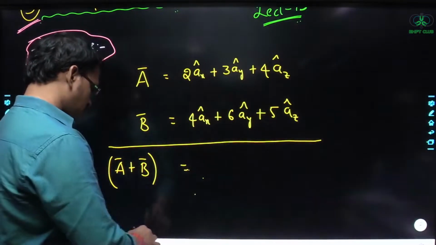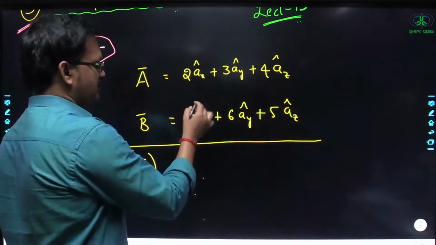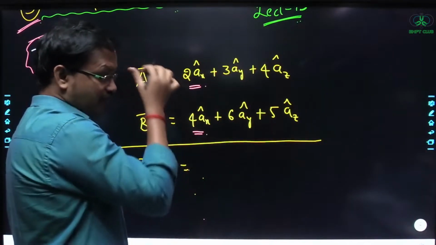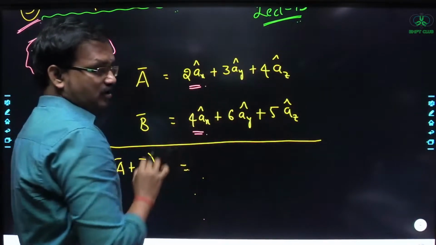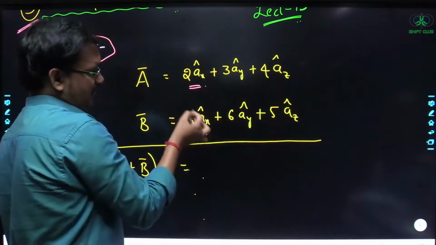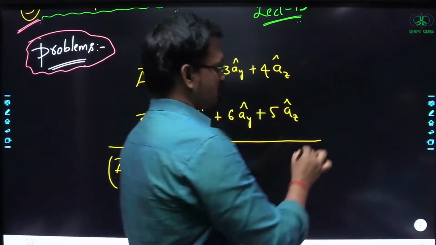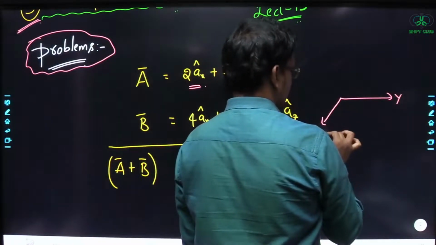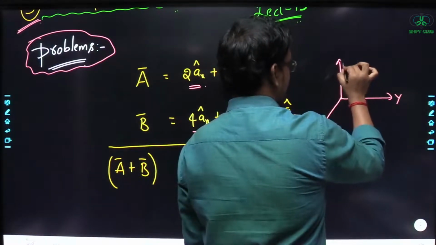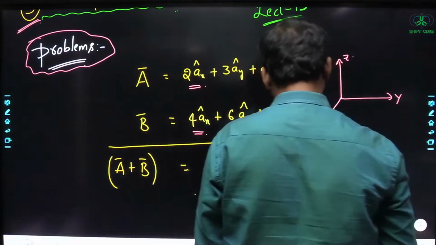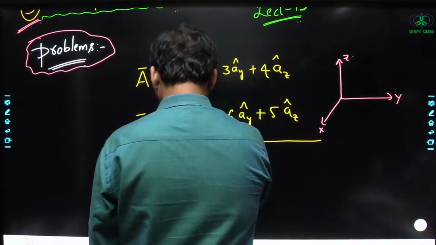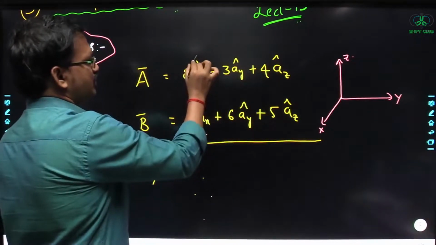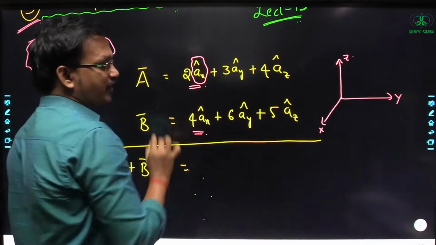So what you will do here is just add the x components. Why are you adding these two x components, why are you not adding the x component and y component? See here, if you consider this as y axis, this is x axis and this is z axis, so here ax cap for this vector is going to point along which direction?